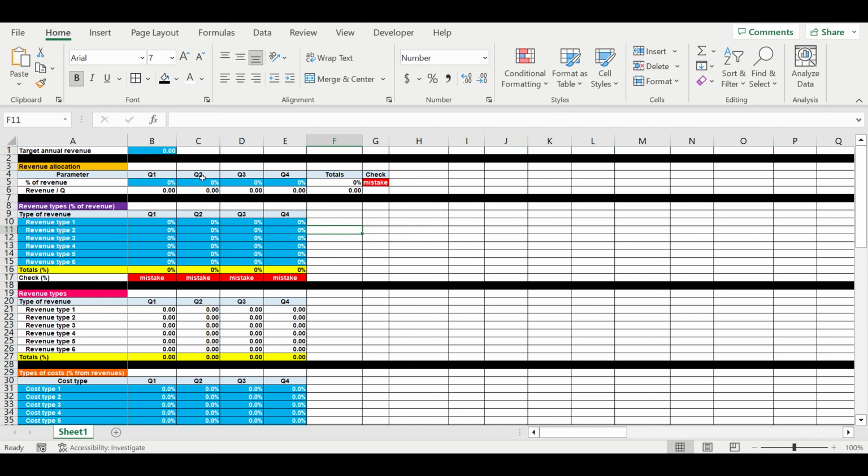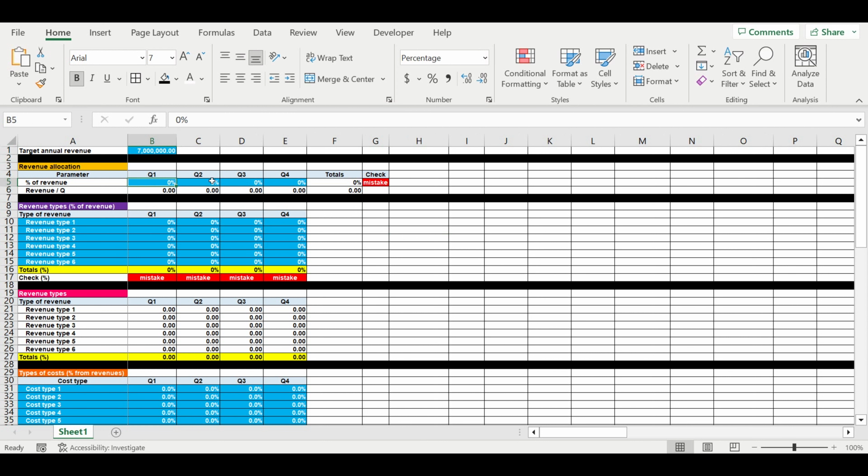And let's start. First of all, we're going from top to bottom, from big numbers to local numbers. So we are specifying the target annual revenue for the whole financial year. For example, we are targeting $7 million revenue per year. Then we allocate this $7 million inside 4 quarters.